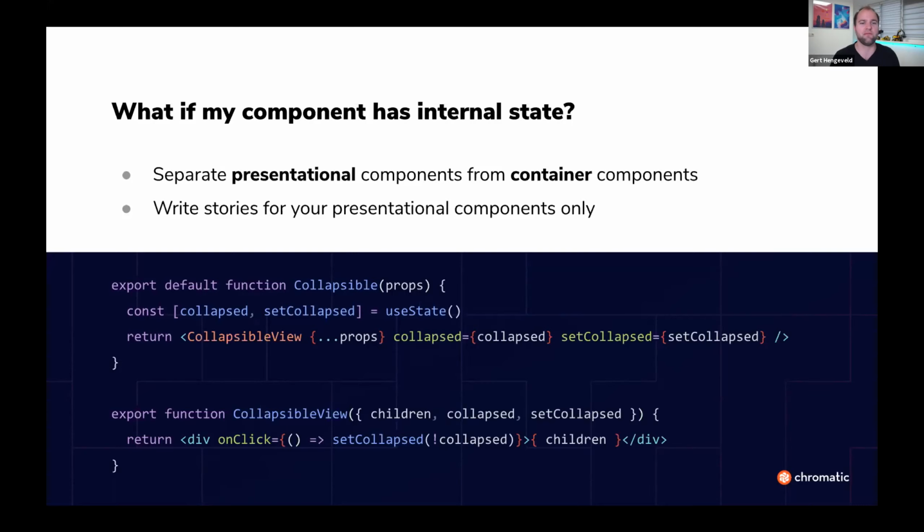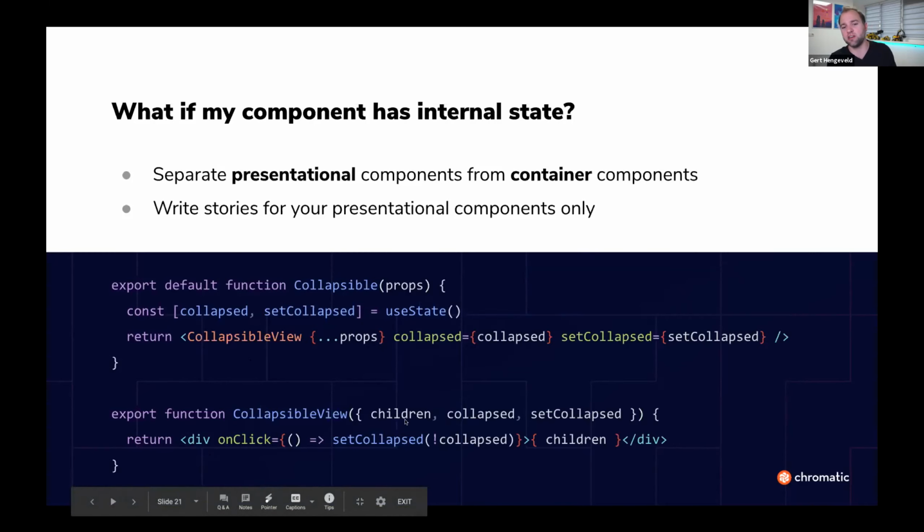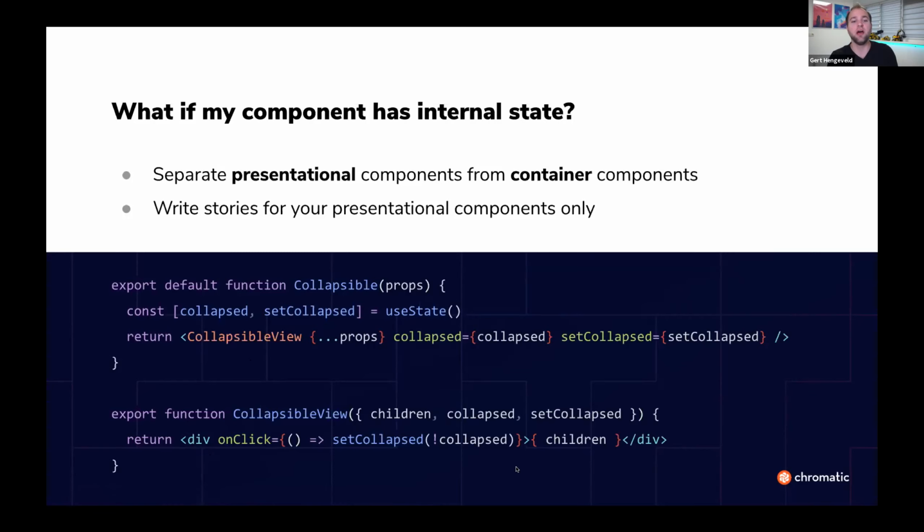So here we have a collapsible component, which keeps some internal state on whether it's collapsed or not. And then we have a collapsible view, which is a presentational component, which does nothing but render something based on its props. And now the trick is to write stories only for the presentational component.